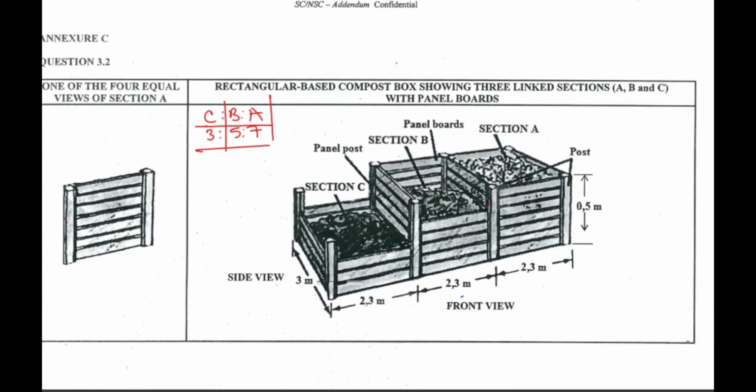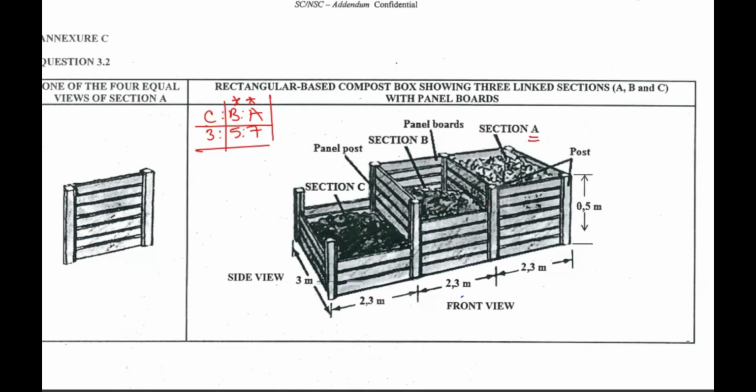So it will be in the ratio of C 3, B 5, A 7. So we are determining in liters the total capacity for the decomposing matter in A and B. So what we're going to do is to find fully A.